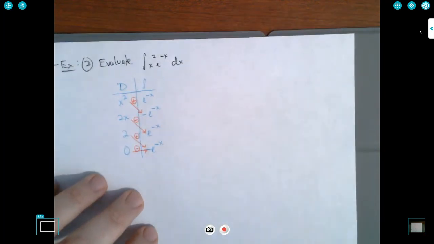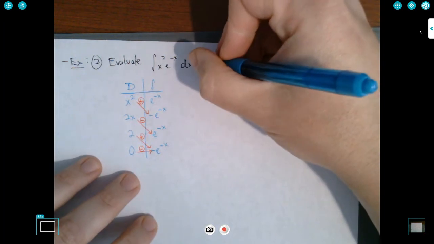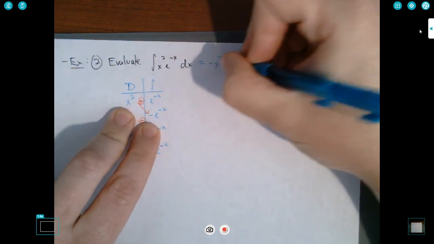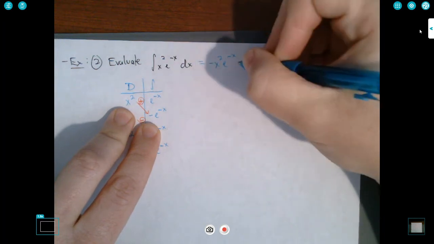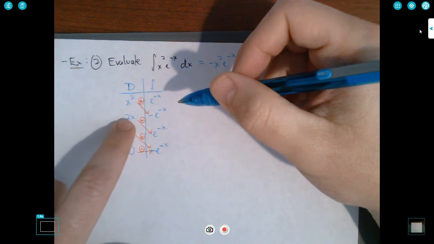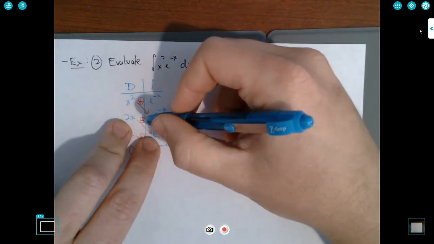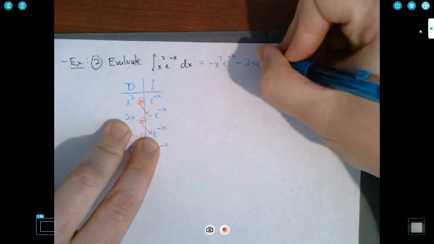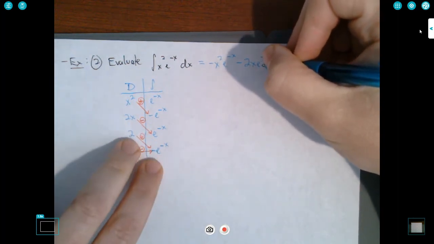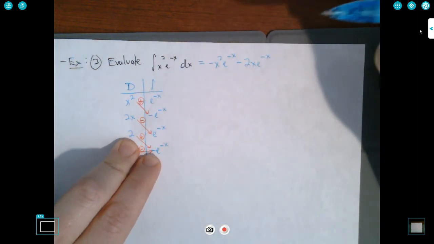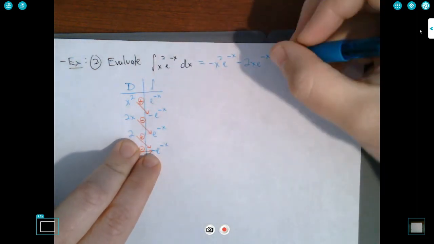So what you end up with when you do this is negative x squared e to the negative x minus, you would have 2x e to the negative x, but you have to negate it, so you say minus 2x e to the negative x. Here you'd have 2 times negative e to the negative x, so that's a negative 2e to the negative x, and you don't negate it, you keep it positive.